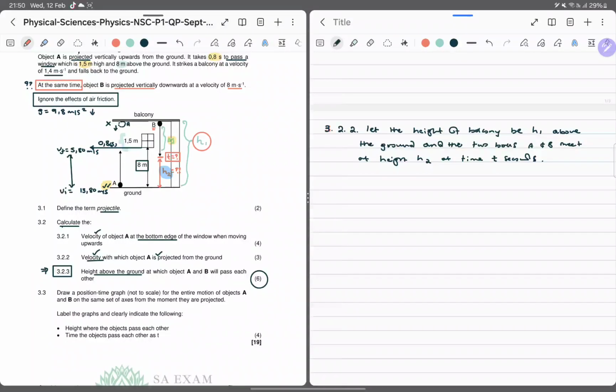Alright, so guys, always try to set up this thing. So we're going to say let the height of the balcony be H1 above the ground, and the two balls A and B meet at height H2 above ground at time t seconds. So again, these are very important things to make sure. When we talk about t, the marker understands what we're talking about. When we talk about H1, they need to understand.